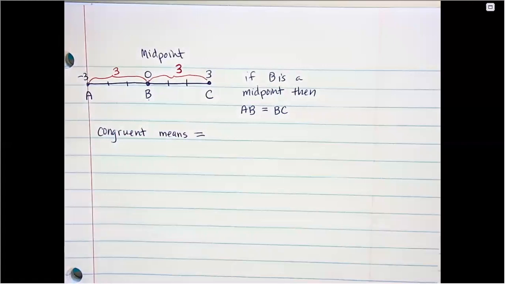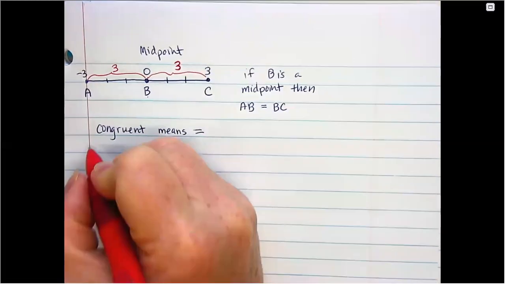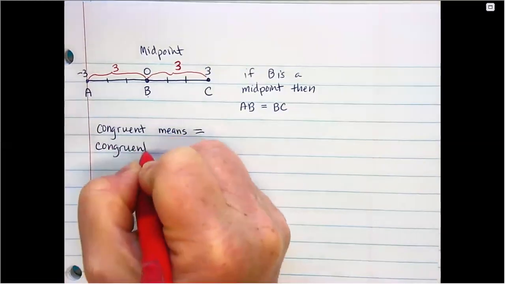We use it more so for shapes, lines, etc. If we're talking numbers, we don't usually say 3 is congruent to 3. We say 3 equals 3. But if we're talking about a square, like this square equals this square, we're talking congruent. So that may be kind of an interchangeable term at this point, but the book uses it, and so I need you to know what it is.